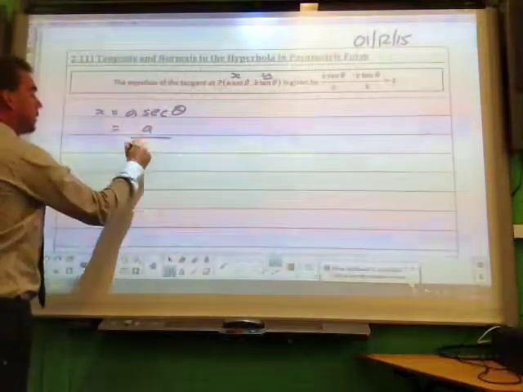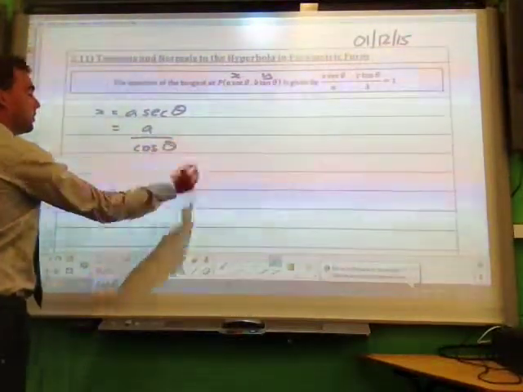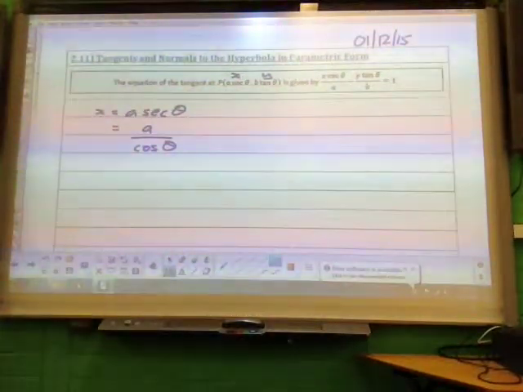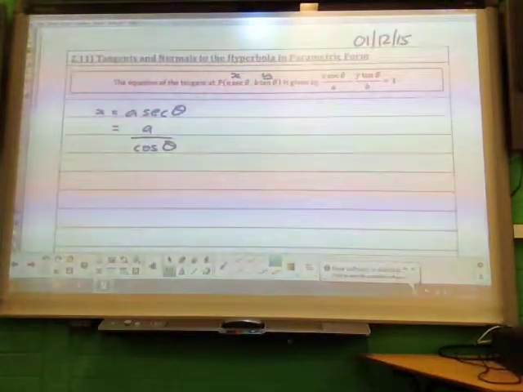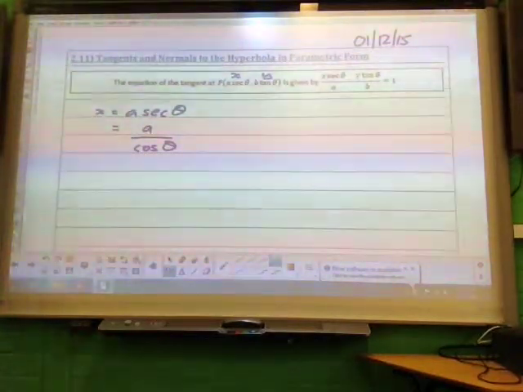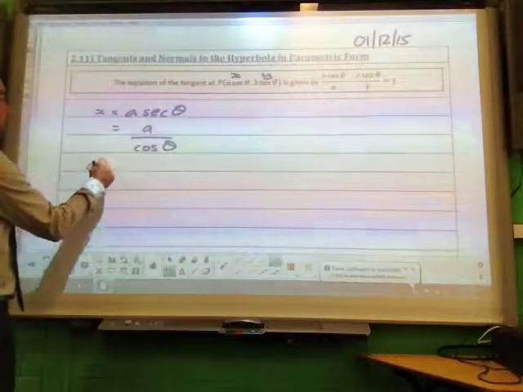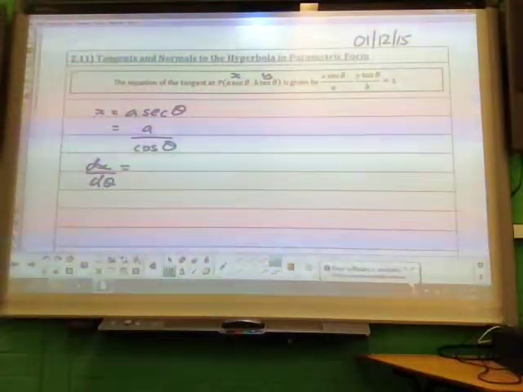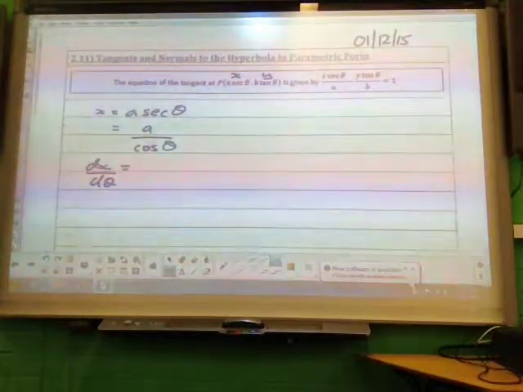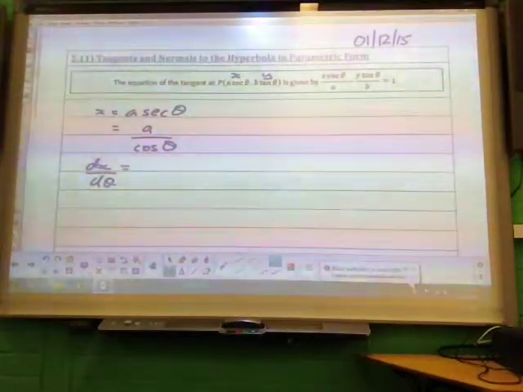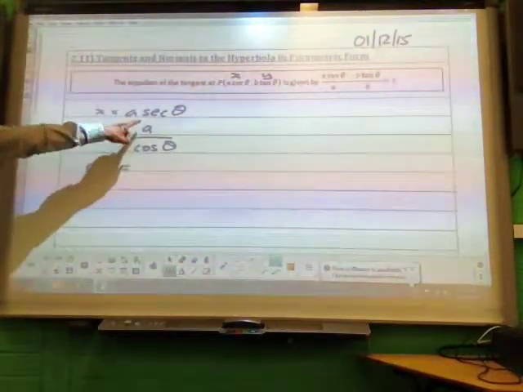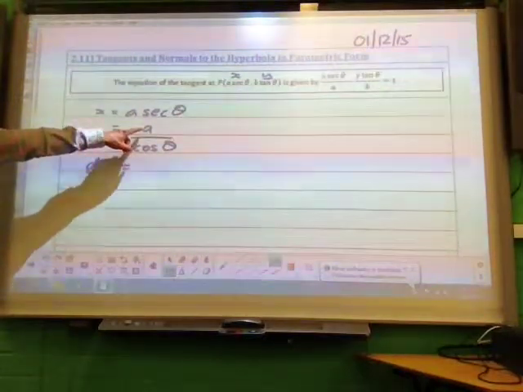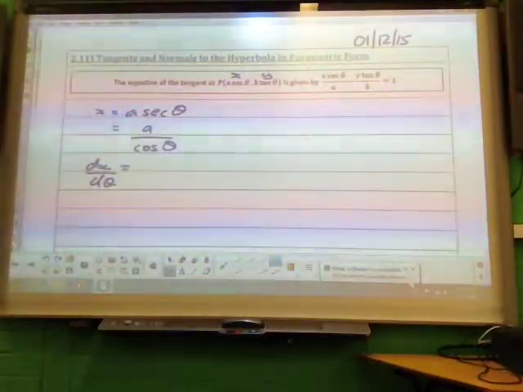Alright, so I'm going to rewrite it so I can differentiate. I don't know how to differentiate a sec theta yet, but I do know how to differentiate a cos. So dx d theta, we've got the quotient rule. Second times the derivative of the first, and remember a is just a constant number, so it's going to be 0.